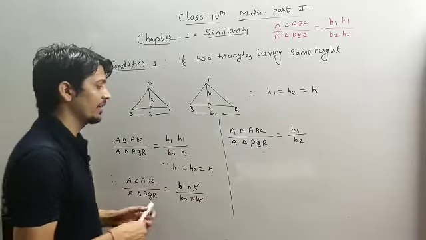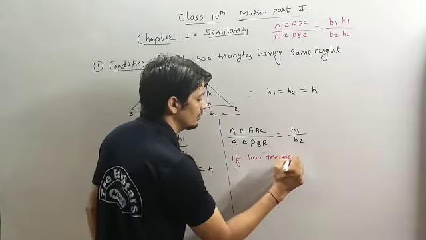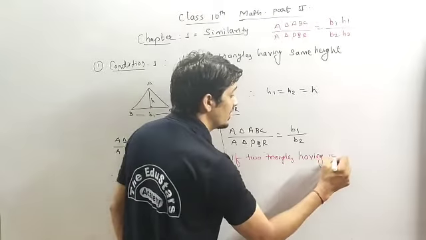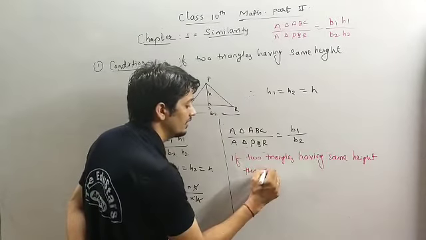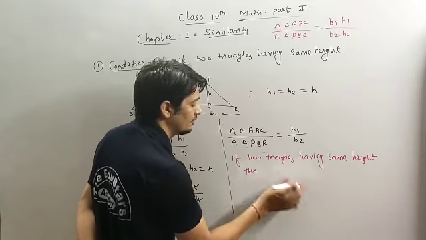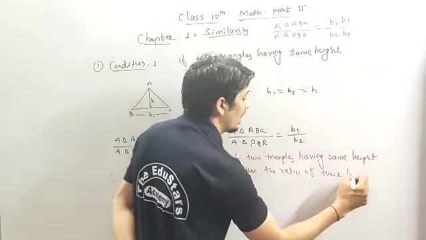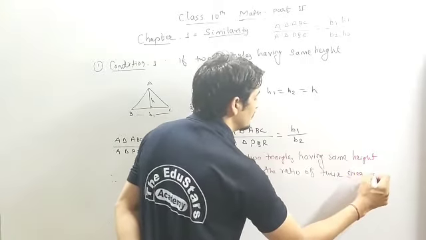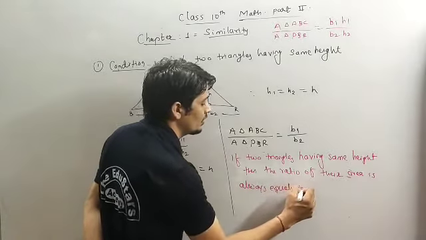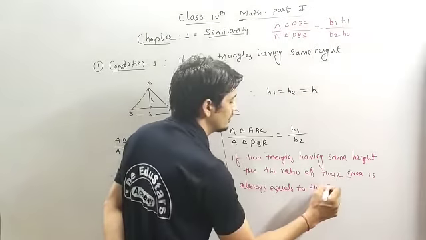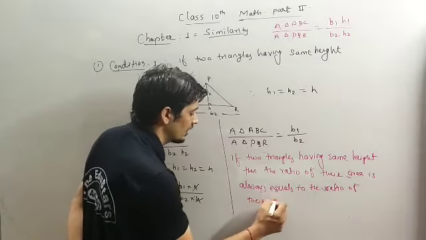Okay, so here we can say if two triangles having same height, then the ratio of their area is always equals to the ratio of their corresponding base.